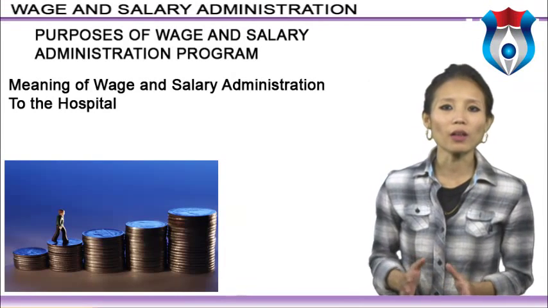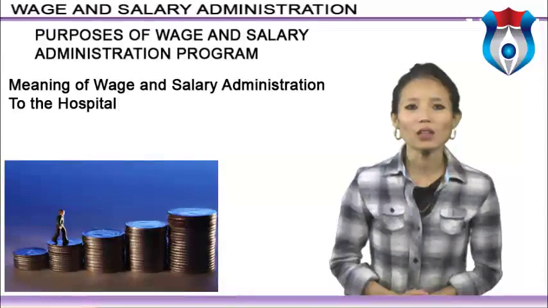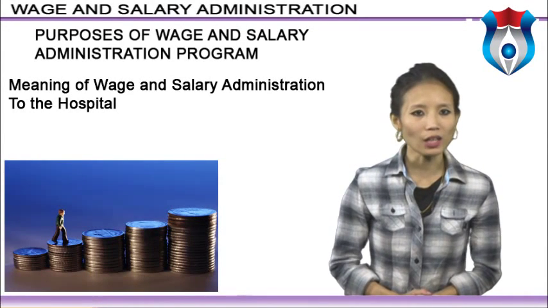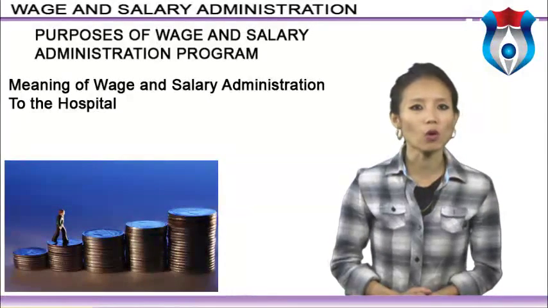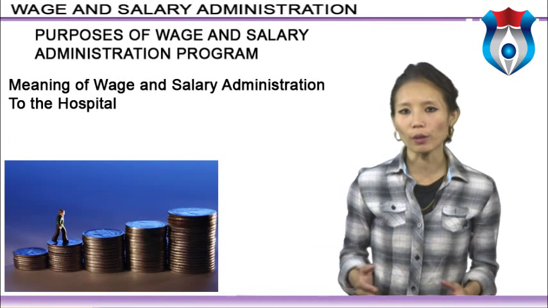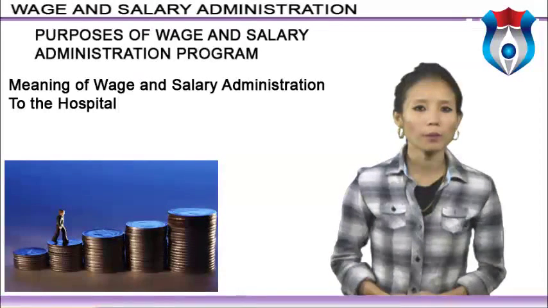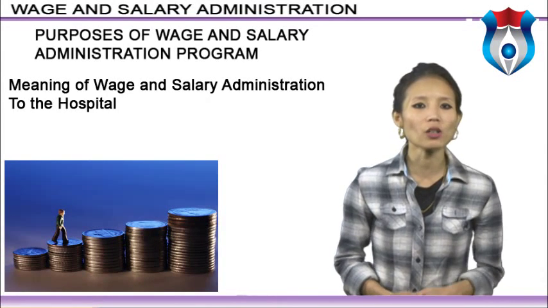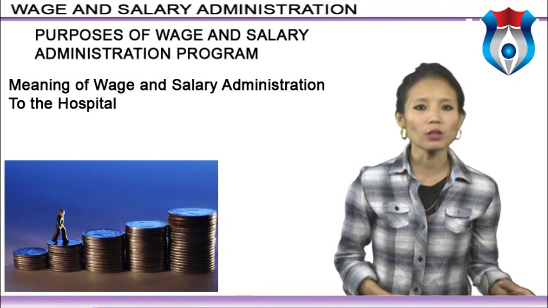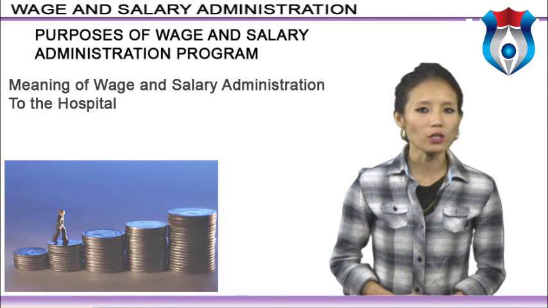Meaning of wage and salary administration. To the hospital, wage and salary administration means fair and equitable wages and salaries for all employees, a basis for establishing, developing and maintaining good employee relations, development and maintenance of good employee morale, a guide for administrative action concerning wages and salaries, a basis for facilitating control over expenditure on wages and salaries.